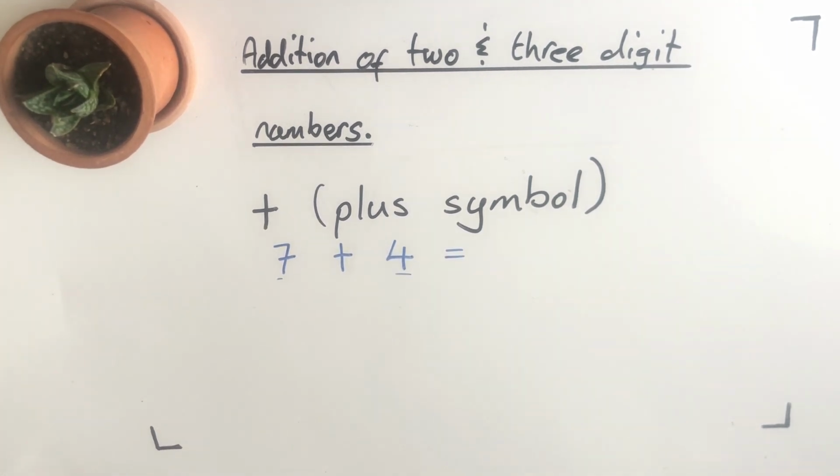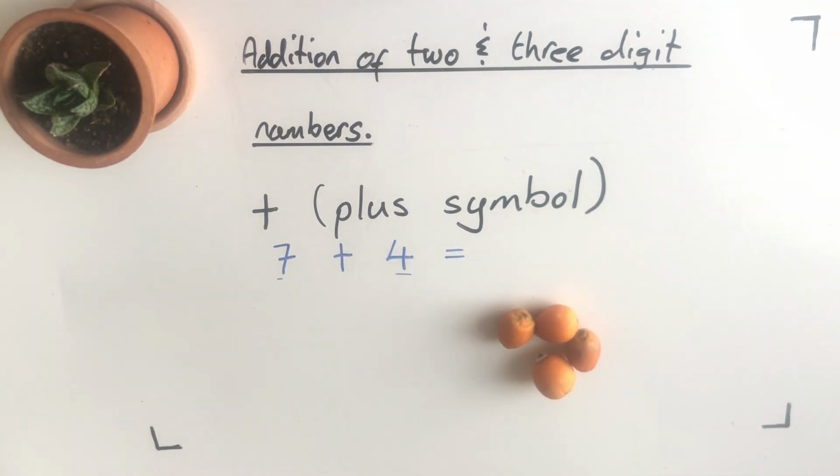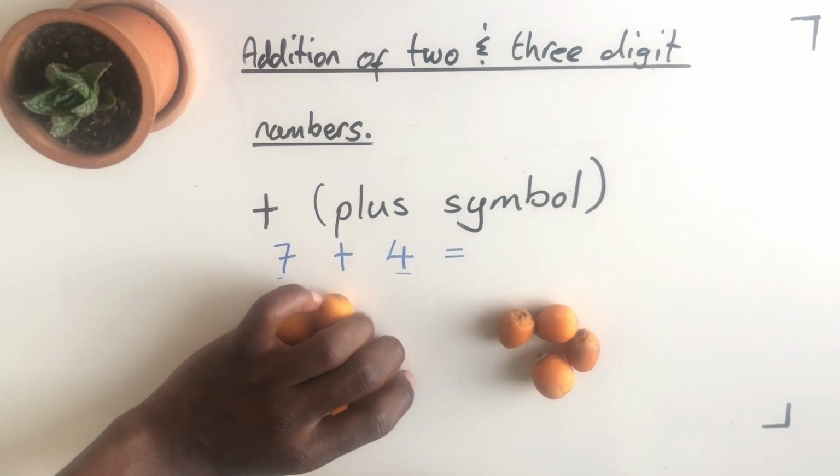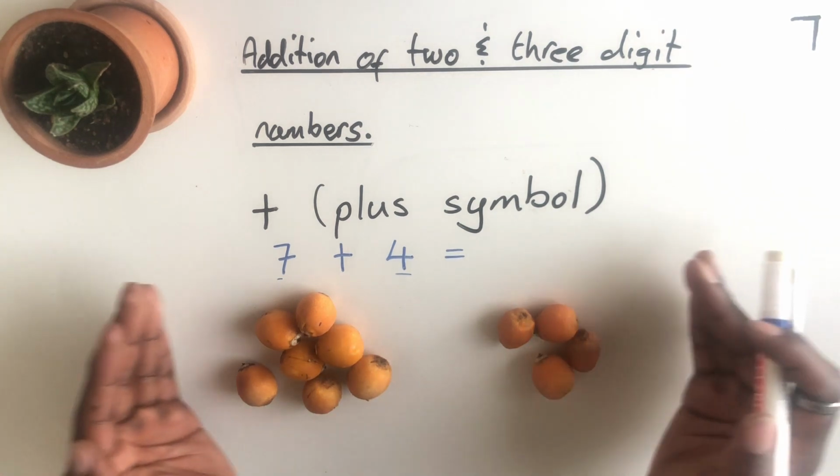Okay, so I'm going to use these small little fruits to demonstrate that. So I've got my 4 here, and then I have 7 here.